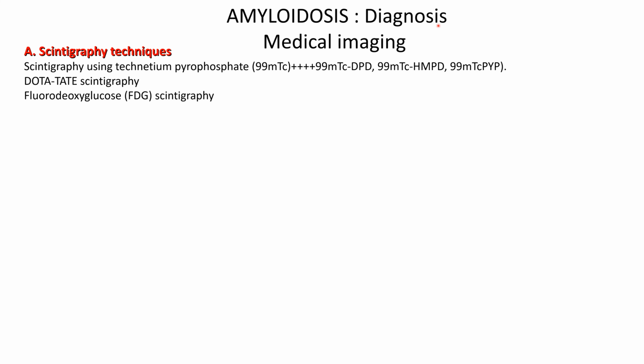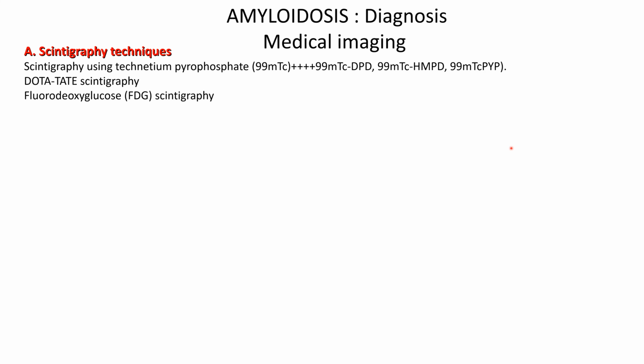Technetium pyrophosphate scintigraphy is one of the most commonly used methods for diagnosing cardiac amyloidosis. This technique detects amyloid deposits in the heart. The patient is injected with 99mTc, which binds to the amyloid deposit, enabling precise visualization using a gamma camera.